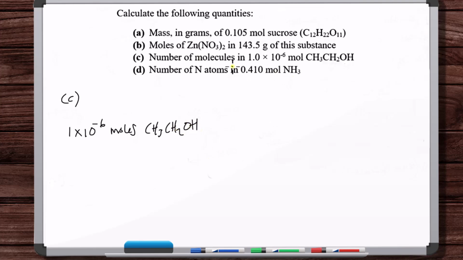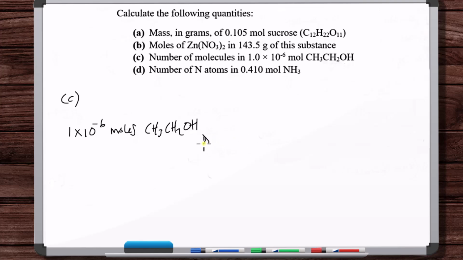To convert this to molecules, it would be like if they asked how many molecules are in a certain number of dozens of these molecules. You're just multiplying by 12, right? How many eggs are in 3 dozen eggs? There's 36. Well, how many molecules are in this many moles of this molecule? Just multiply by Avogadro's number.